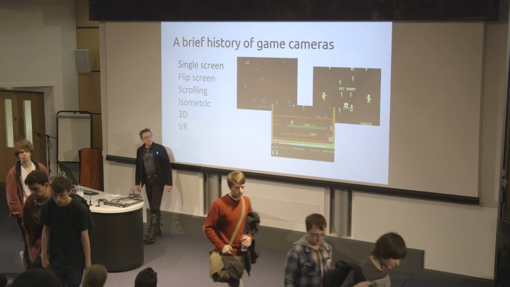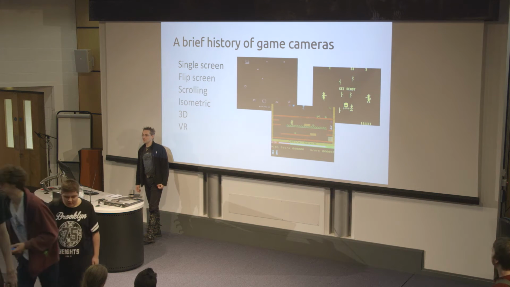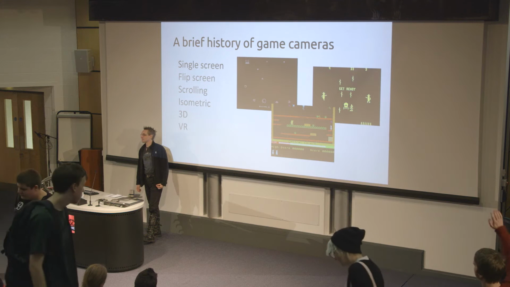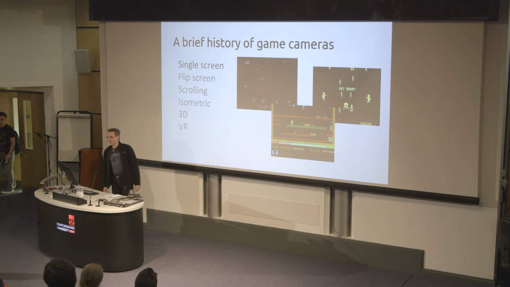Does anybody here know what the bitwise operation exclusive OR is? A handful of people. It's an incredibly useful thing because it was so expensive to redraw the entire screen.